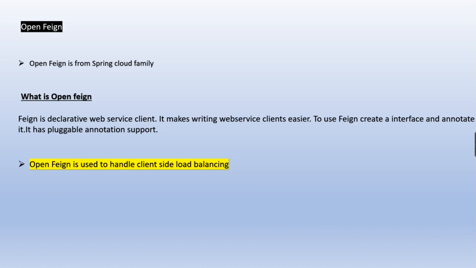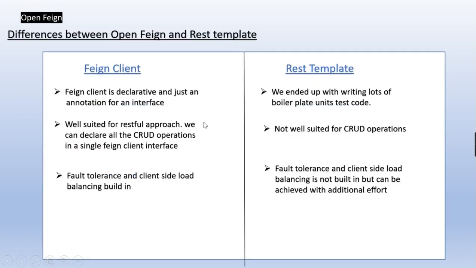And what is the difference between a REST client and Feign client? Feign client is declarative, just an annotation for an interface. But with REST template, we end up with boilerplate and unit test related code. That means more code we need to write. And if you are using Feign client, there is no necessity to write any unit test cases.